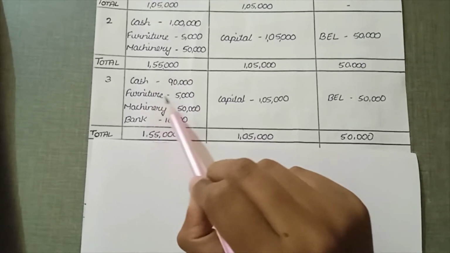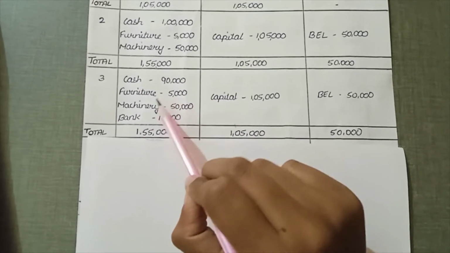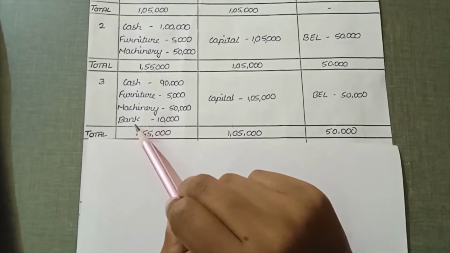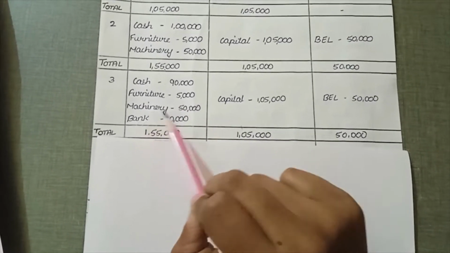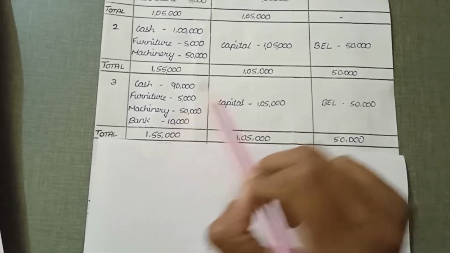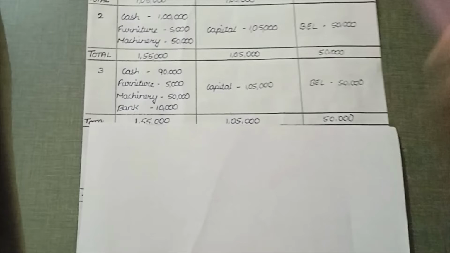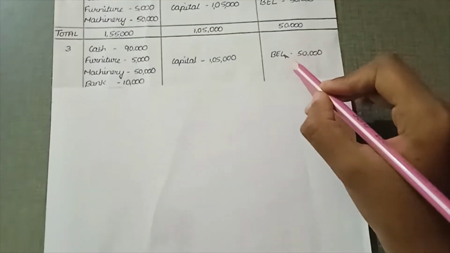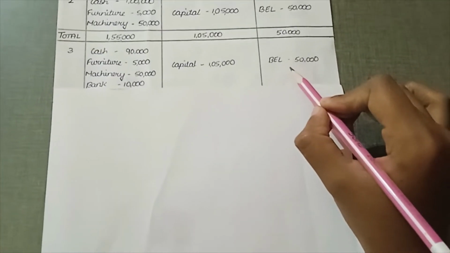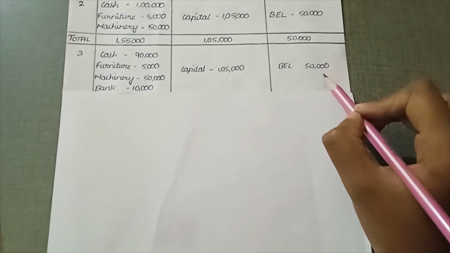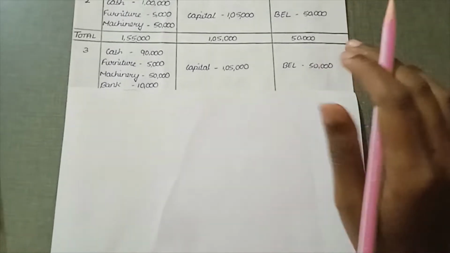Then furniture account is 5,000. Machinery account is 50,000. Then we are introducing a new one, the bank account. We have deposited 10,000. As I said, capital would be 1,05,000. Then liability would be BEL, that is 50,000. As we have not paid yet, we are taking it down also.